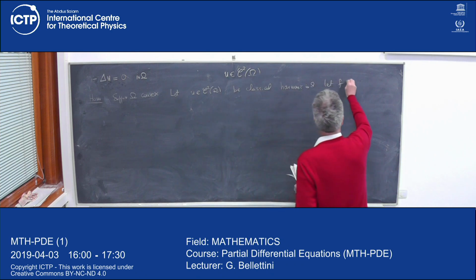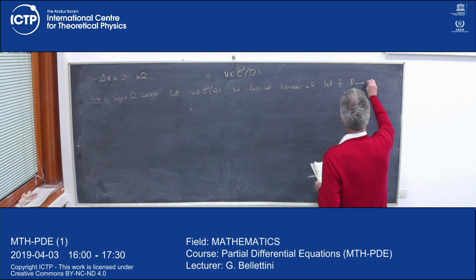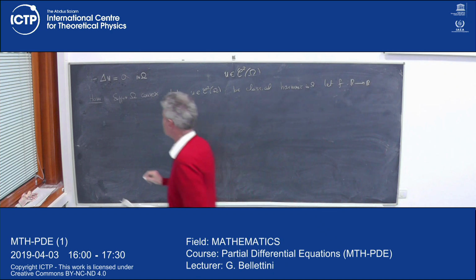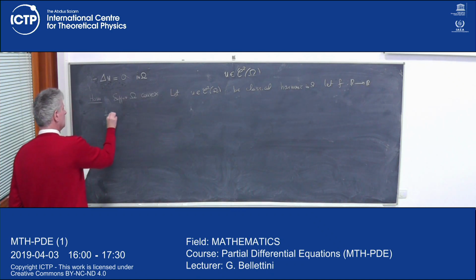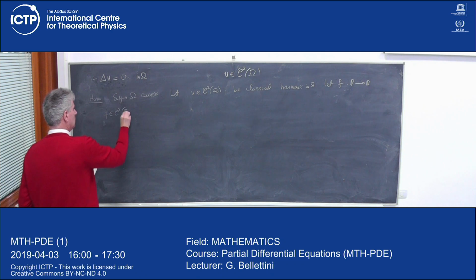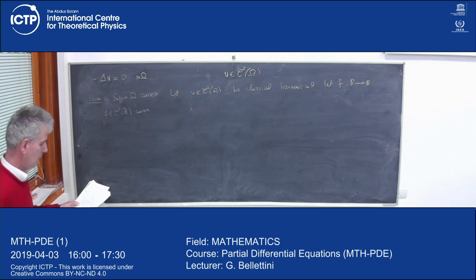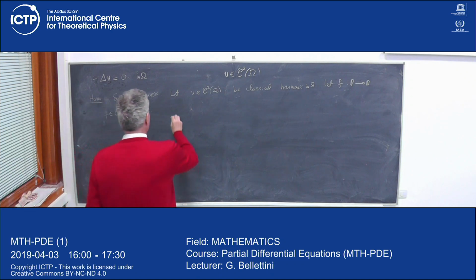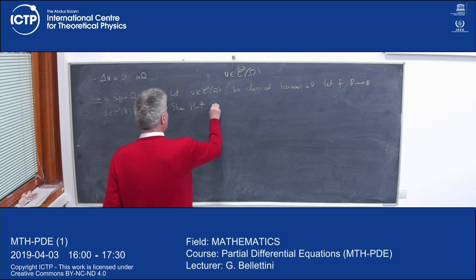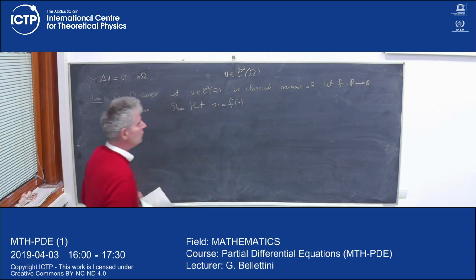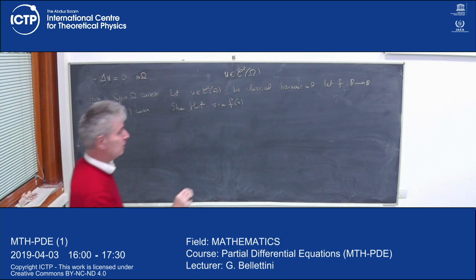Let F, say in C2, be convex. Show that the composition of F with U is subharmonic.